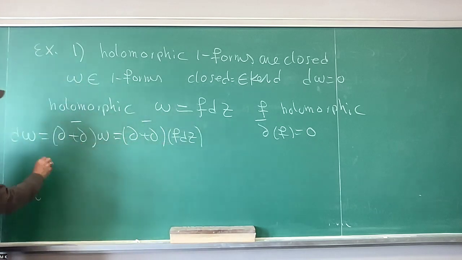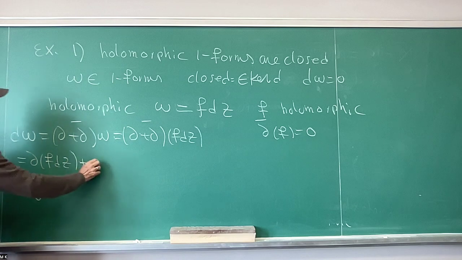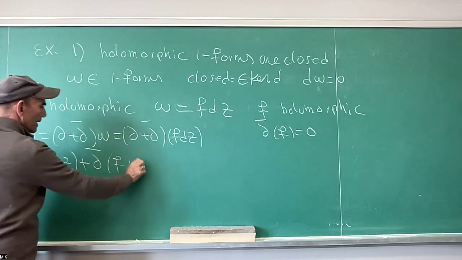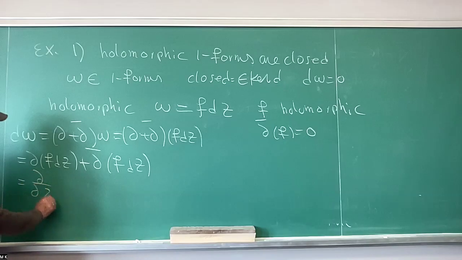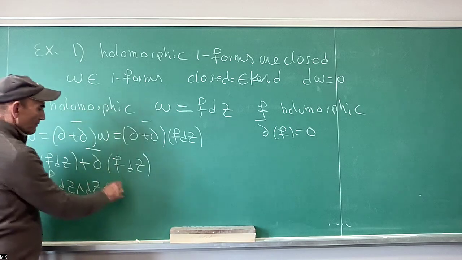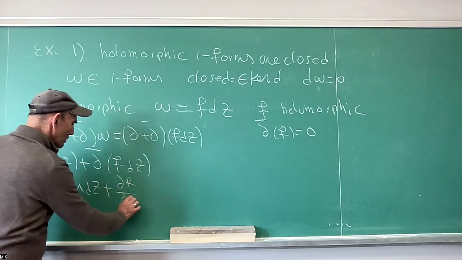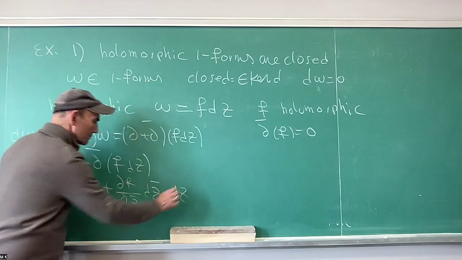By linearity, this is equal to del f dz plus del bar f dz. Now, what is del f dz? This is df dz, dz wedge dz. Now, what is del bar f dz? Del bar f dz is df dz bar wedge dz, right?